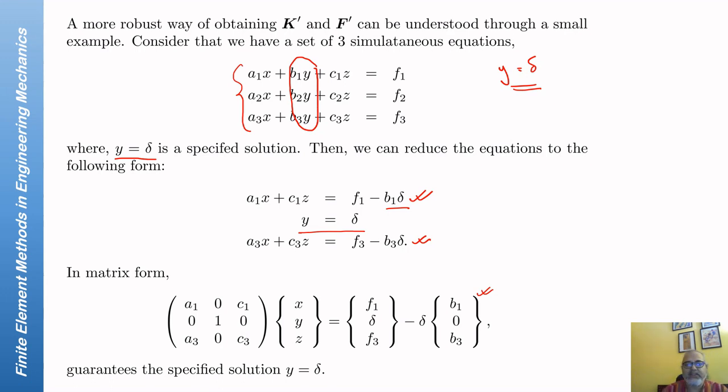We have modified the system of equations so that y equal to delta is always satisfied, and we can do that for our big global stiffness matrix. So we can obtain K prime and F prime, the modified stiffness matrix and force vectors, in exactly an analogous way as we have shown here. So we do this in two steps.